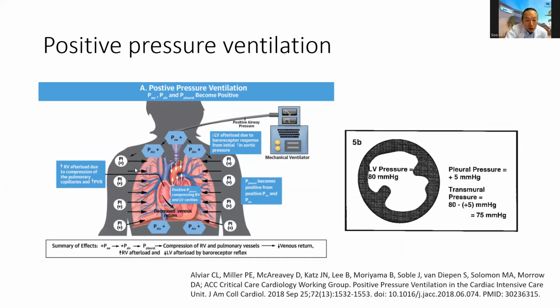So all the pressures at the site will become positive because you're actually pushing pressure. So as we mentioned, if the pressure inside here is positive, of course, the gradient between the vessels outside and the gradient inside becomes narrow. So blood will have difficulty actually coming back into the right side because of this positive pressure.